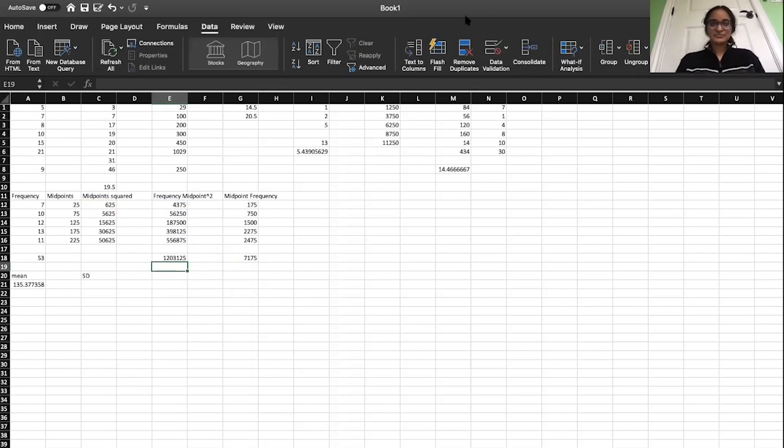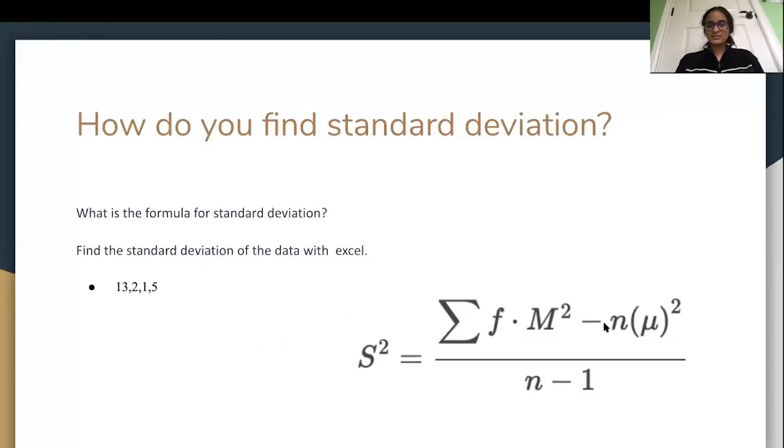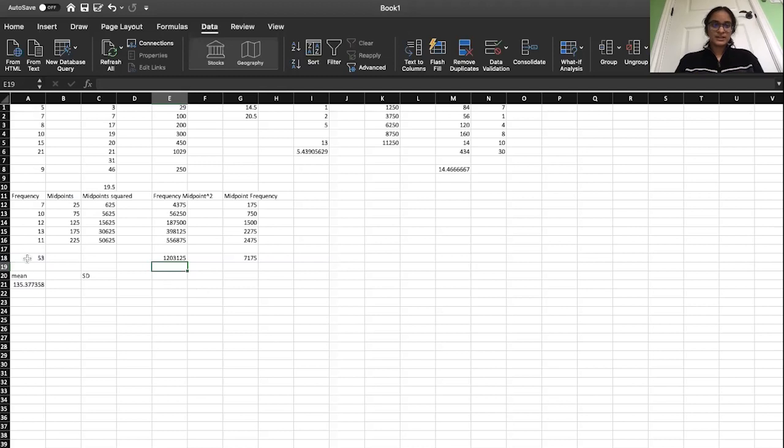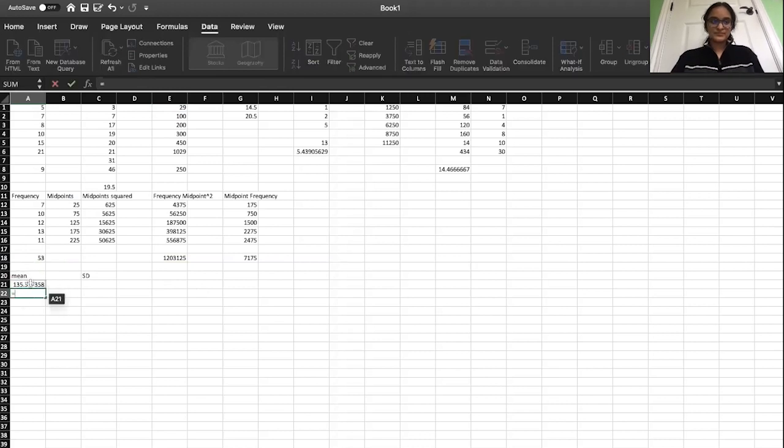And then the next part of the formula is asking for n times our mean squared. So we have our n, 53, times our mean squared. So I can just do mean squared. That's my mean squared.